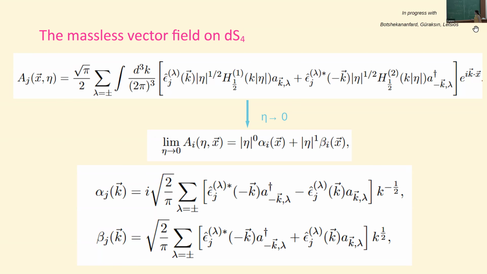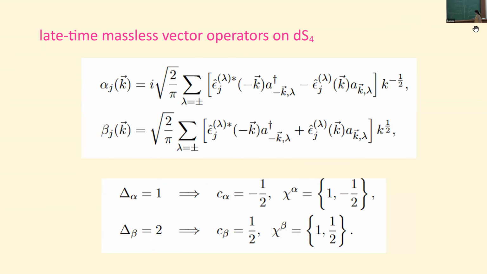They are made up of polarization tensors, annihilation and creation operators, and they come with some K dependence. This K dependence tracks C, actually, the scaling. So looking at what happens to them under dilatations, we can read off the dimensions.